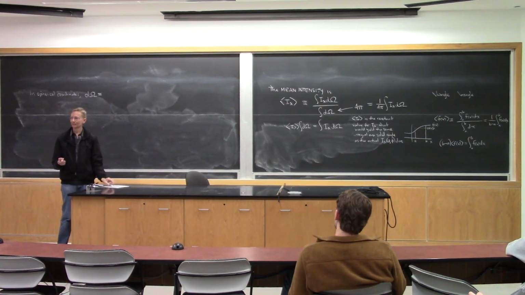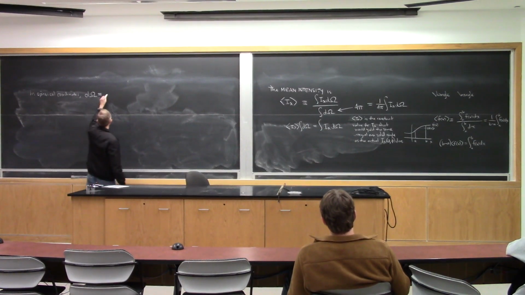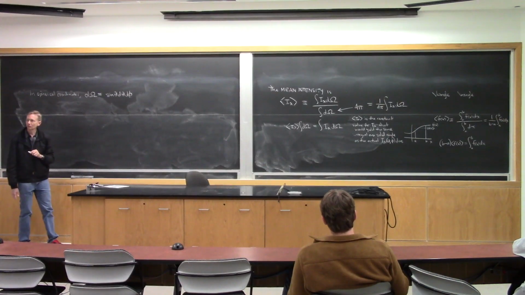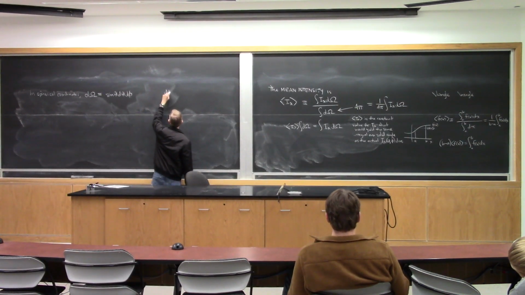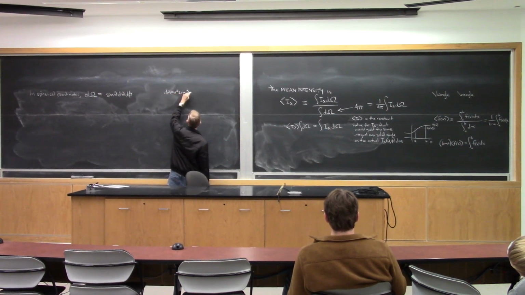Sine. Yeah, you're on, basically, right? Yes. It works out to be sine theta, d theta, d phi in spherical coordinates, because dA is r squared sine theta, d theta, d phi.